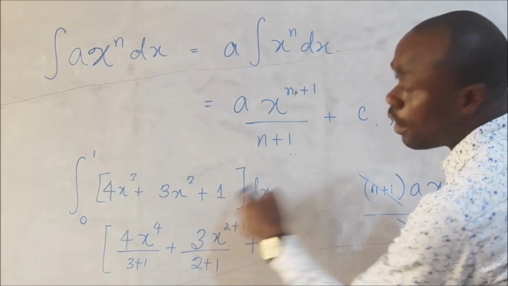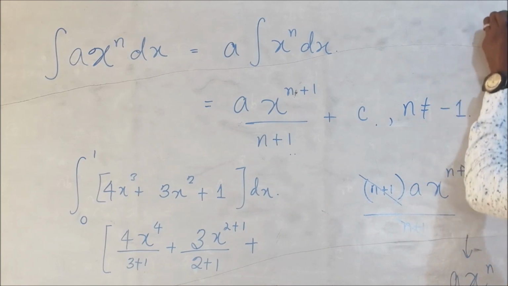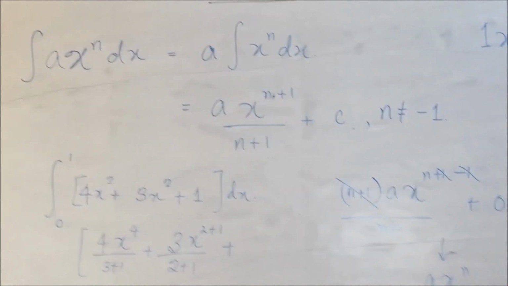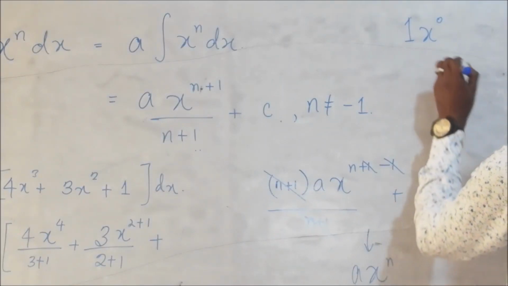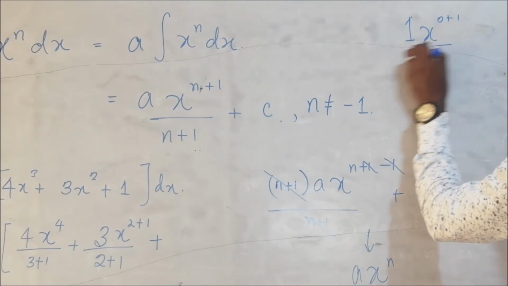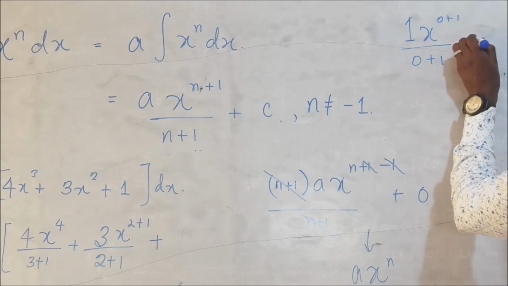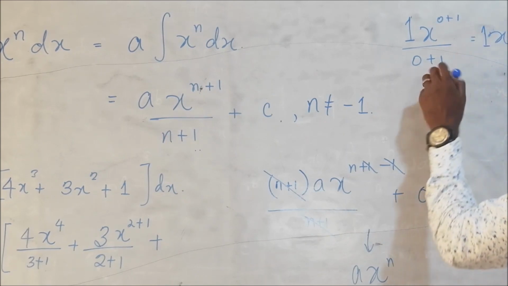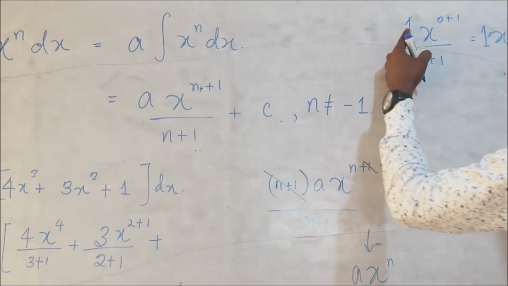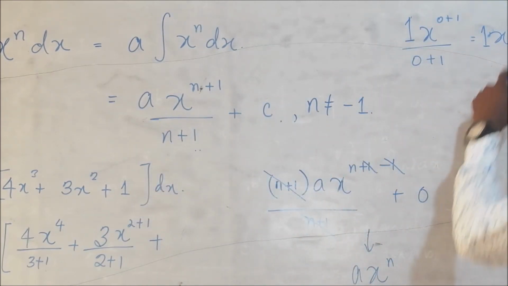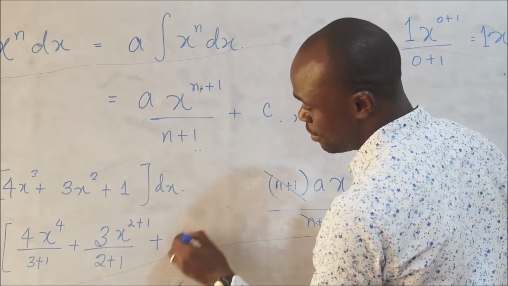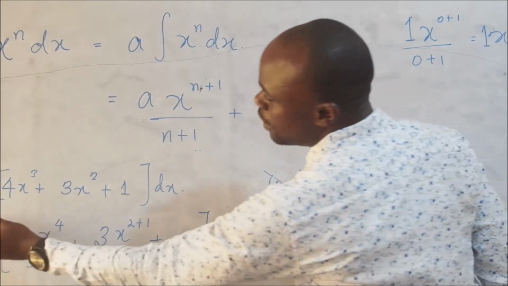The 1 here is the same thing as x to the power of 0, so that is going to give us 0 plus 1 divided by 0 plus 1, and that is going to give us x, or say 1x. Take note, if it was 5, that would have been 5 here, and this would have been 5x. So this is going to be 1x, yes, that's just x, from 0 to 1.